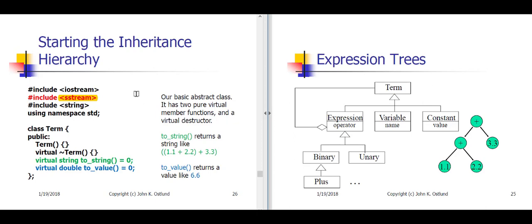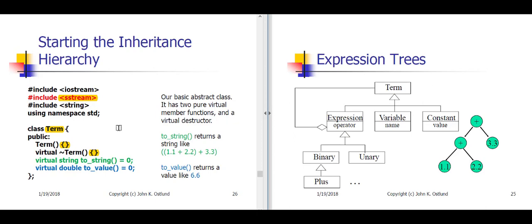Okay, so our basemost class is term. And term is very simple. Term has a constructor that doesn't do anything. It also has a virtual destructor that doesn't do anything, but it's very important for that virtual destructor to exist, since we're using term as an abstract base class for all of the various specific kinds of things that are going to make up our expressions.